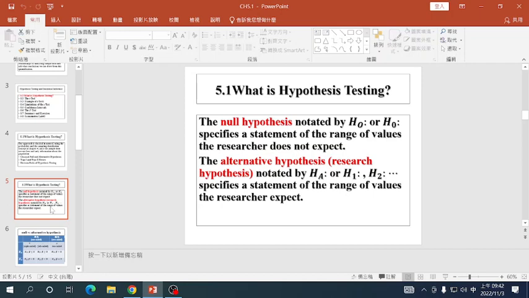Now, always remember two words: parameter and statistic. These two words. This is a very important basic concept in statistics.